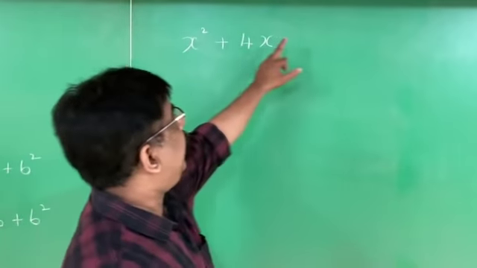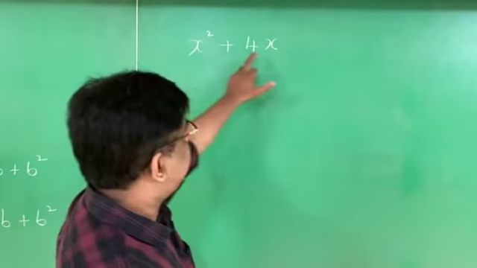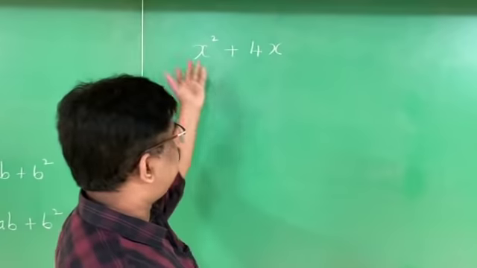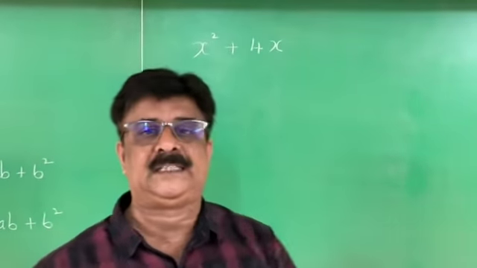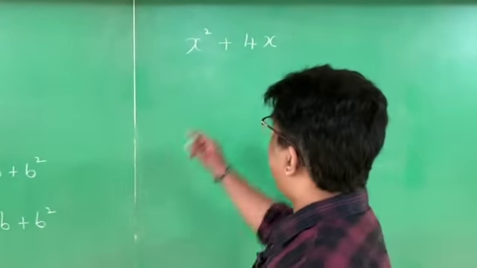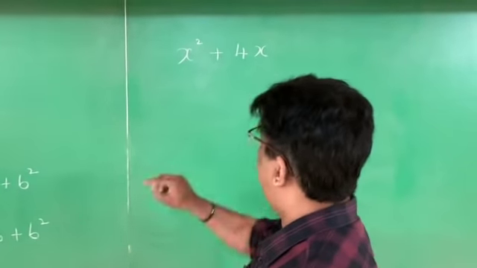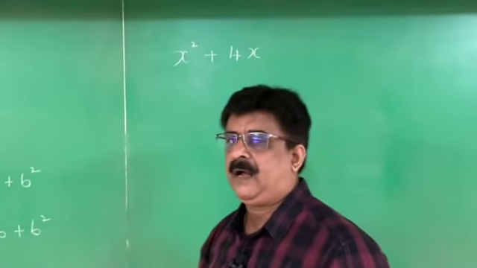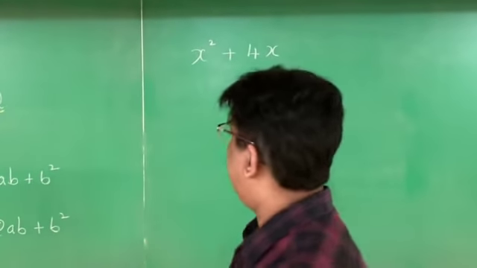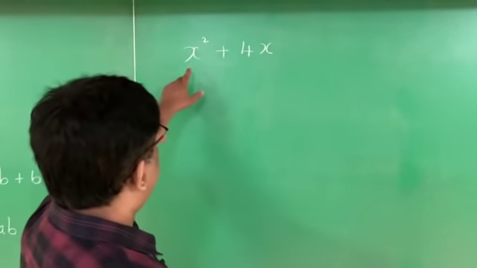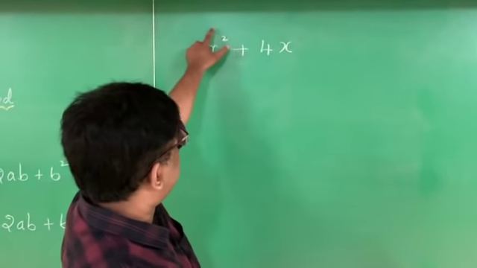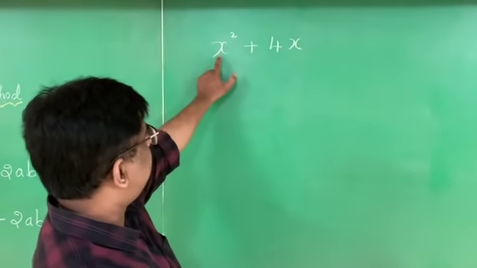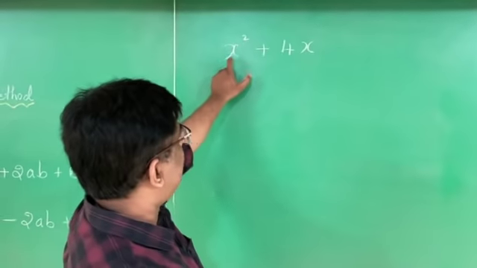What should be added to this expression to convert it in the form of a plus b whole square? What is the minimum number to be added to this expression to make it in the form of a plus b whole square? For that purpose, see children, the first term is the quadratic term, x square.